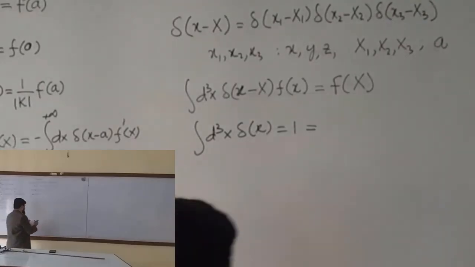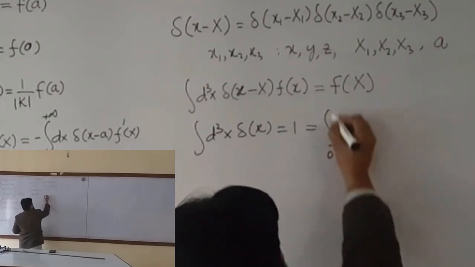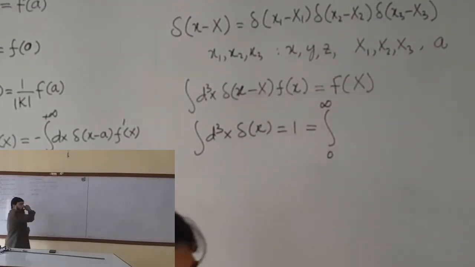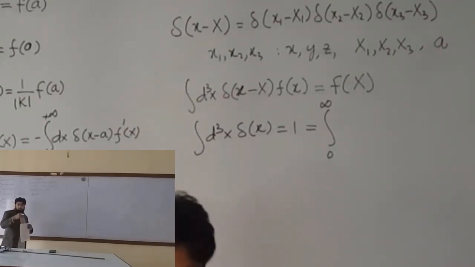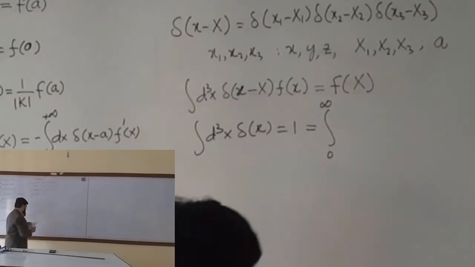I will write from 0 to infinity, I am not including minus infinity, because our radius in spherical polar coordinates goes from 0 to infinity, while in cylindrical it will be from minus infinity to plus infinity.